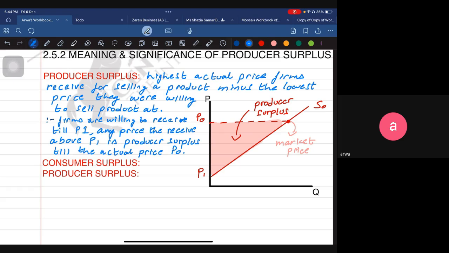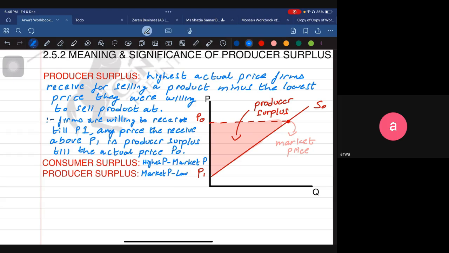So basically, consumer surplus is the highest P minus the market P. And here it is opposite. It is the market P minus the lowest P. Sorry, why am I saying highest P? P1 is the lowest, no?